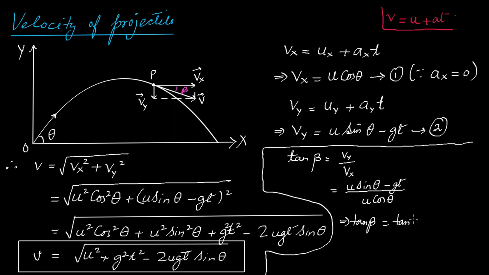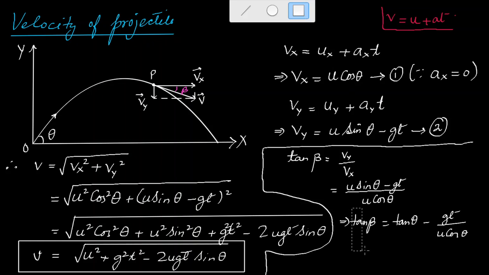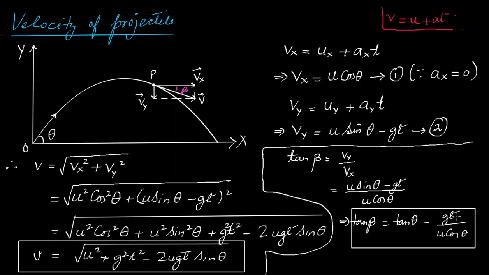I will get tan theta minus gt by U cos theta. Got it? So if I know the value of the terms on the right hand side, I will be able to find the angle beta. So this gives the direction of the velocity at any instant of time.